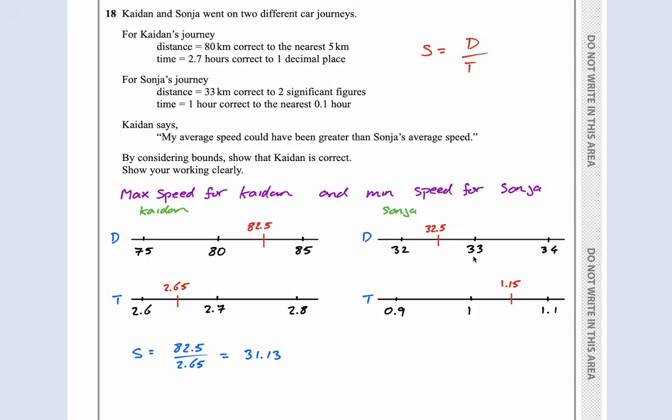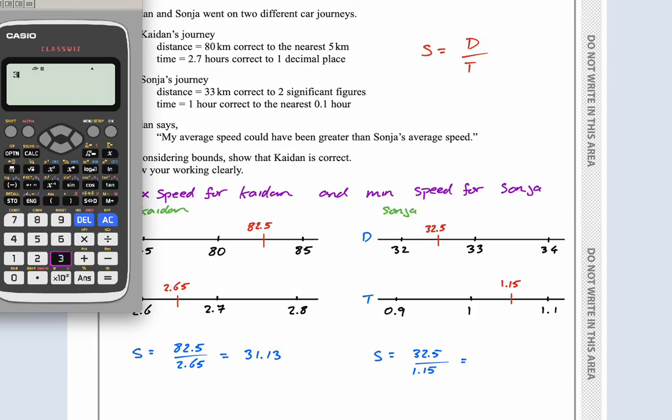Her min speed means we want to make the numerator small and the denominator big. So speed is equal to distance, 32.5, over time, 1.15, which is 32.5 divided by 1.15, which is 28.26.